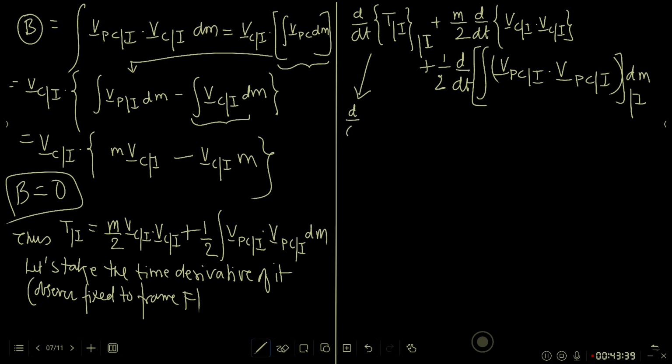But here I would keep I because I am going to take this derivative operator inside the parenthesis here and here. And as I take the time derivative inside the parenthesis, I will let the time derivative act on individual vectors.